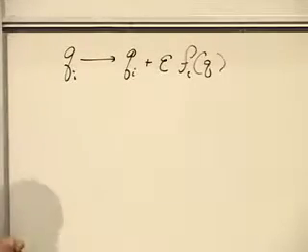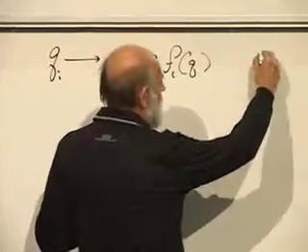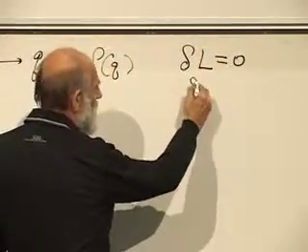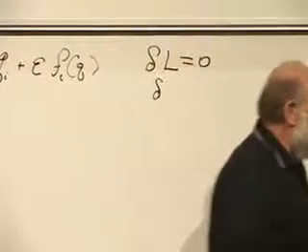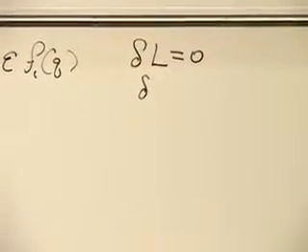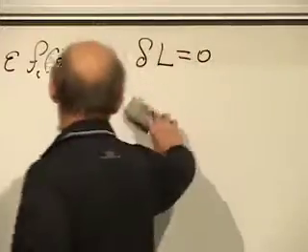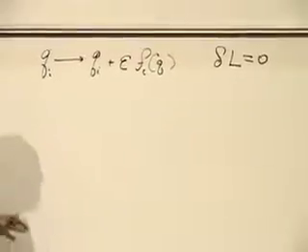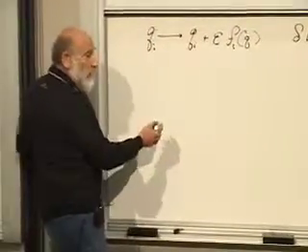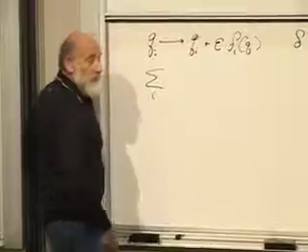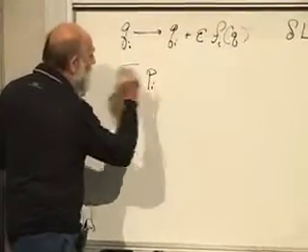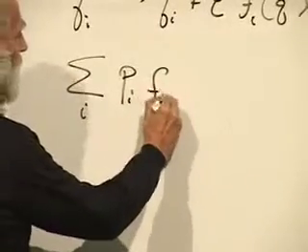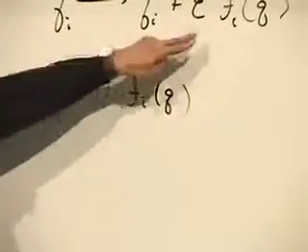If the Lagrangian does not change, or the Lagrange density, let's just say the total Lagrangian doesn't change, then there is a conserved quantity, and the conserved quantity is the sum over all the coordinates of the momentum conjugate to the ith coordinate times f_i of q. In other words, times this small shift.